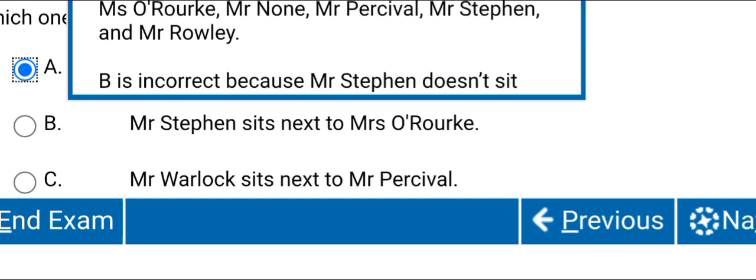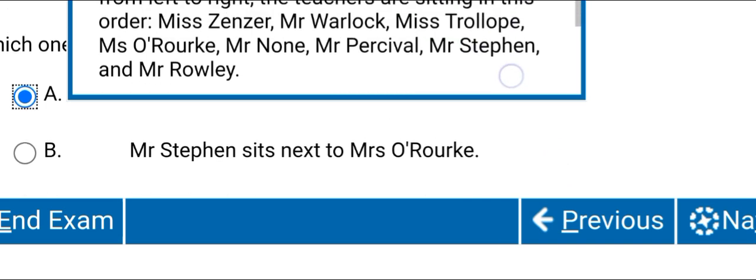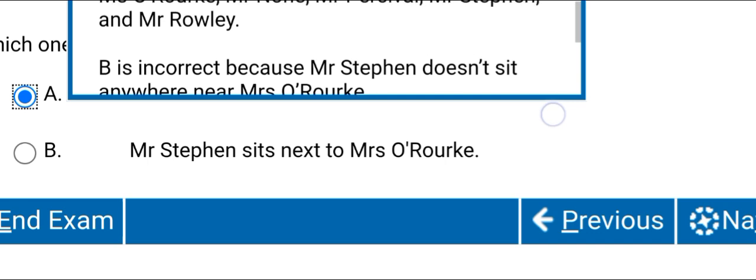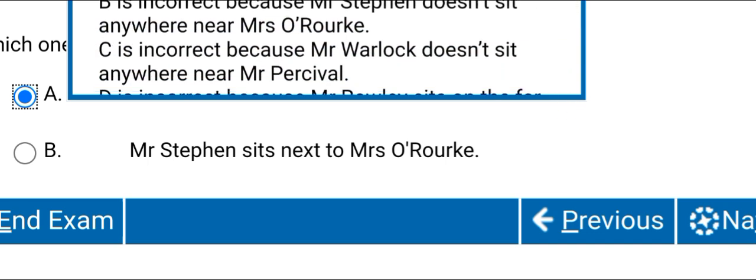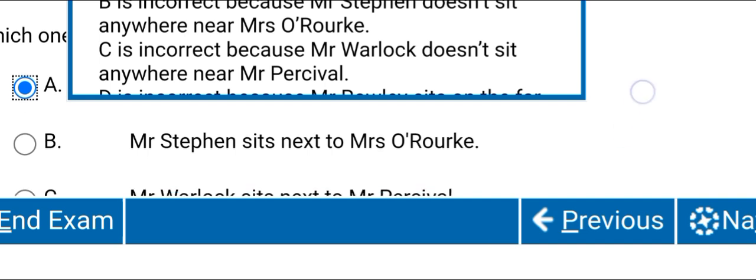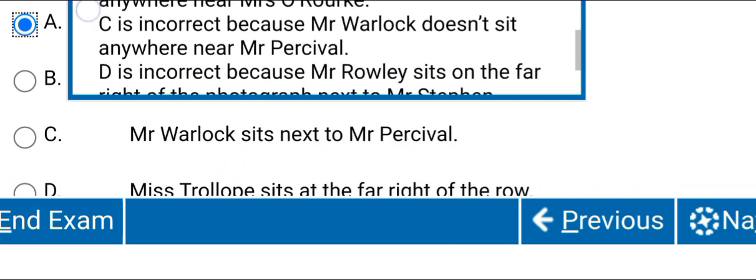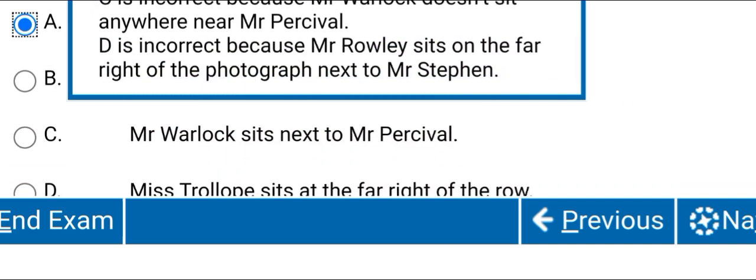Option B is incorrect, because Mr. Stephen doesn't sit anywhere near Mrs. O'Rourke. Option C is incorrect, because Mr. Warlock doesn't sit anywhere near Mr. Percival.